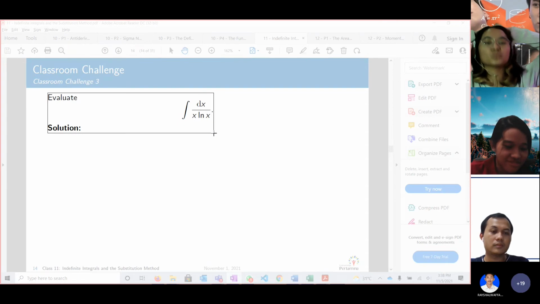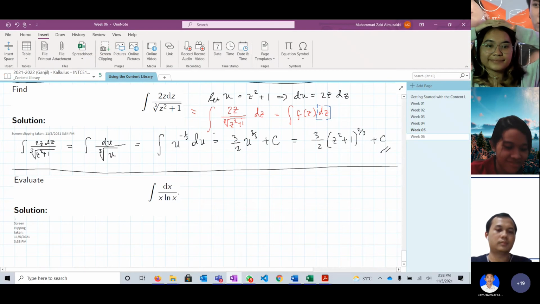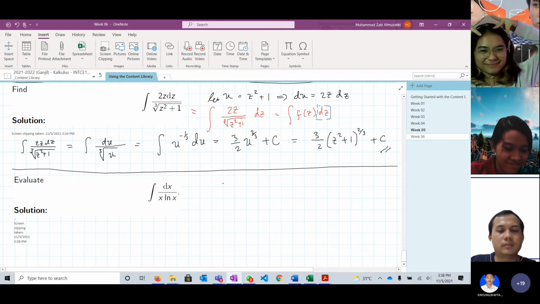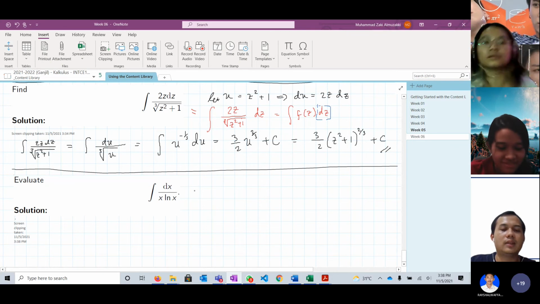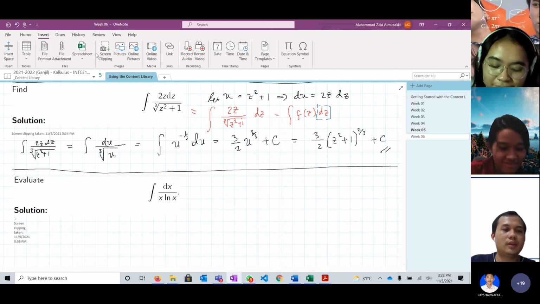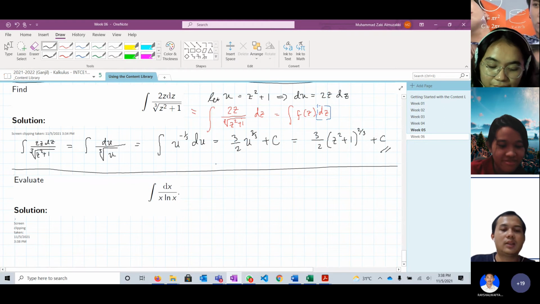In this case, we have that. Okay, so that it is clear for you, I will rewrite this integral.